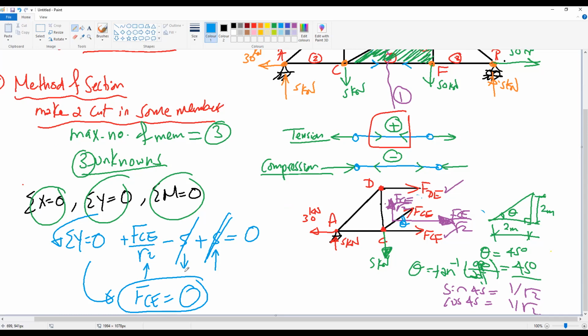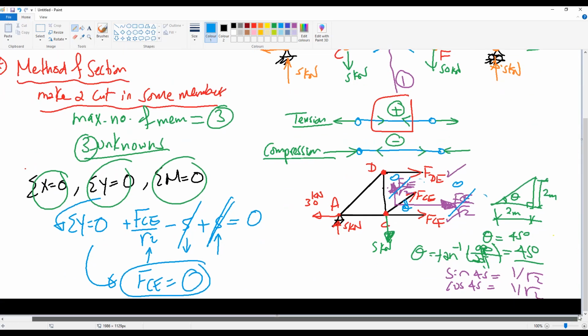Okay, so the force in the diagonal member FCE is 0. So this will be 0. The vertical component will be 0 and the horizontal component will be 0. Okay. So now we proceed to the next step.